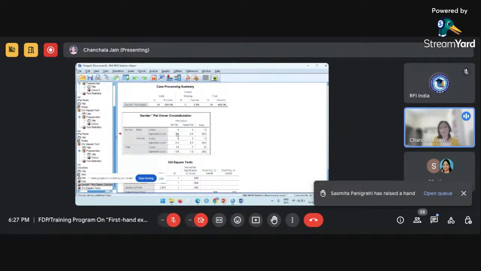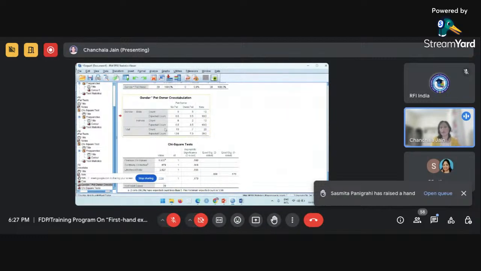Coming to the next table, which will help us to understand what is the count and expected count. So here you can see in the row we have taken the gender variable. In the gender we will be having 2 categories, male and female. For male, count means this is the observed frequency, and this is the expected frequency or expected count. Similarly for female, observed and expected count.